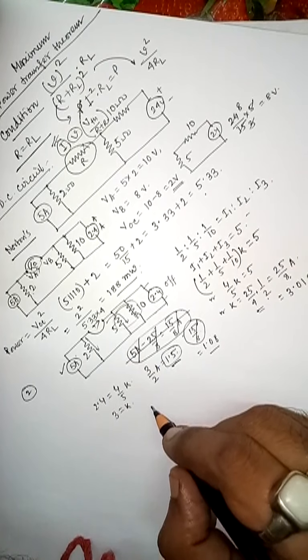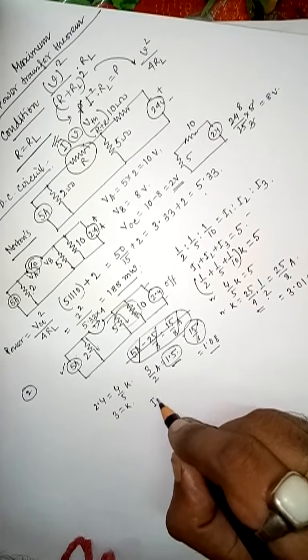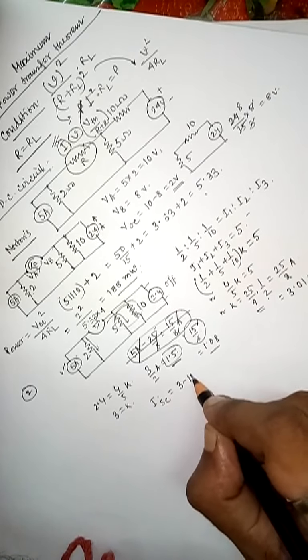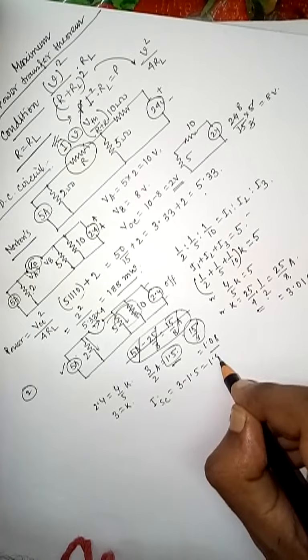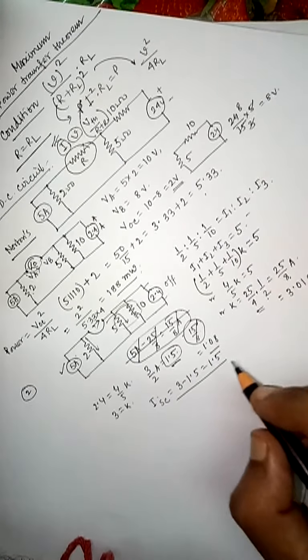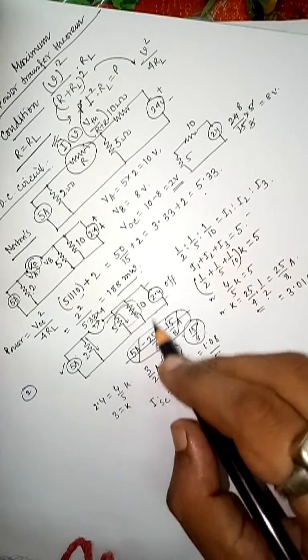So using the superposition theorem, the final current ISC equals 3 minus 1.5 equals 1.5. Now it is 1.5, now it is 5.33, this particular one.